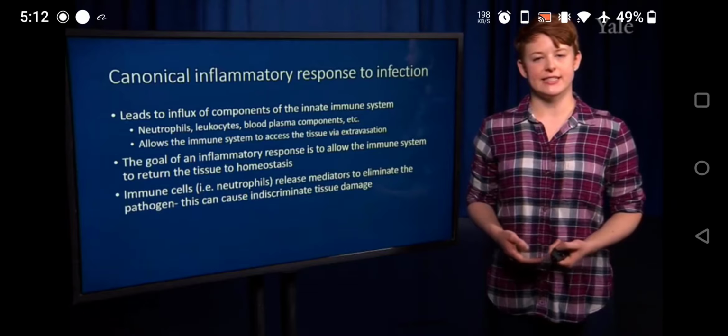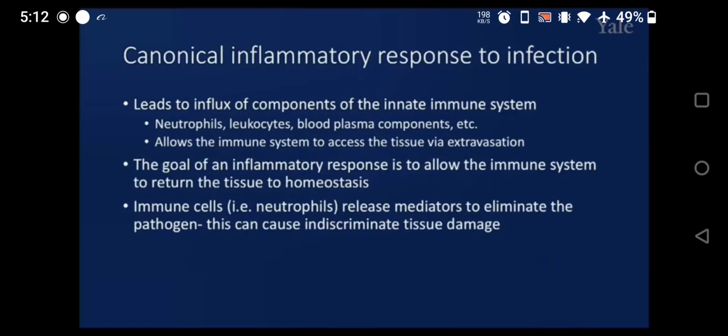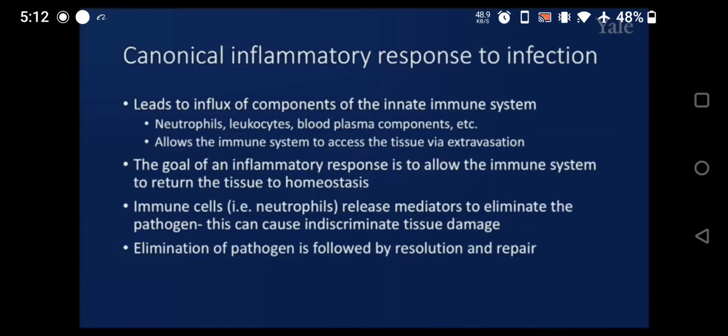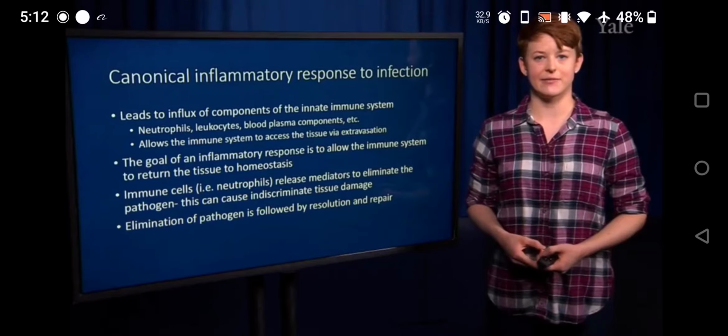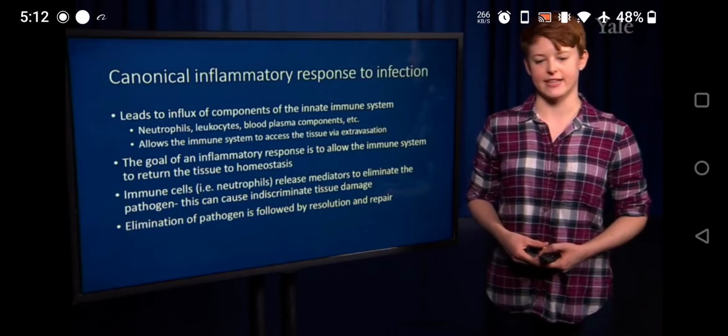And immune cells, like I mentioned, can release mediators that eliminate the pathogen, but they can also cause indiscriminate damage. And so it's important to eliminate the pathogen, but it's also really important to remember that these responses are followed by that resolution and repair stage.